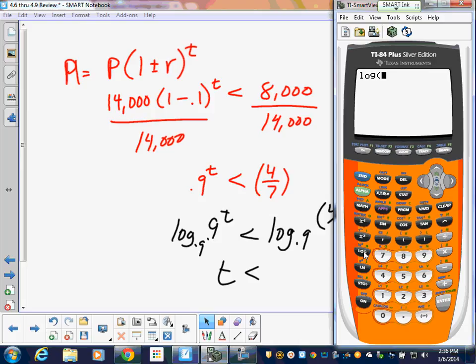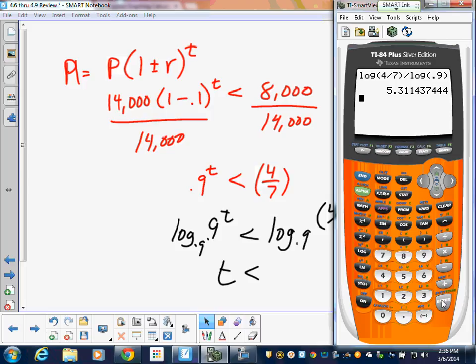You hit log 4/7, and close that parenthesis right there. This is what I'm teaching you that's new: log of 4/7 divided by log of 0.9. You can't put 9, you have to put 0.9. Again, close that parenthesis. And it gives you 5.3 years.